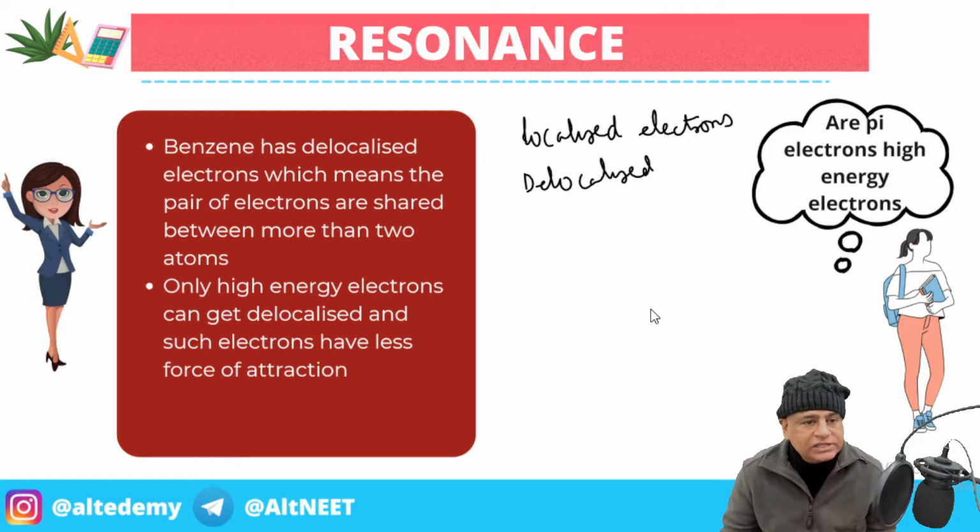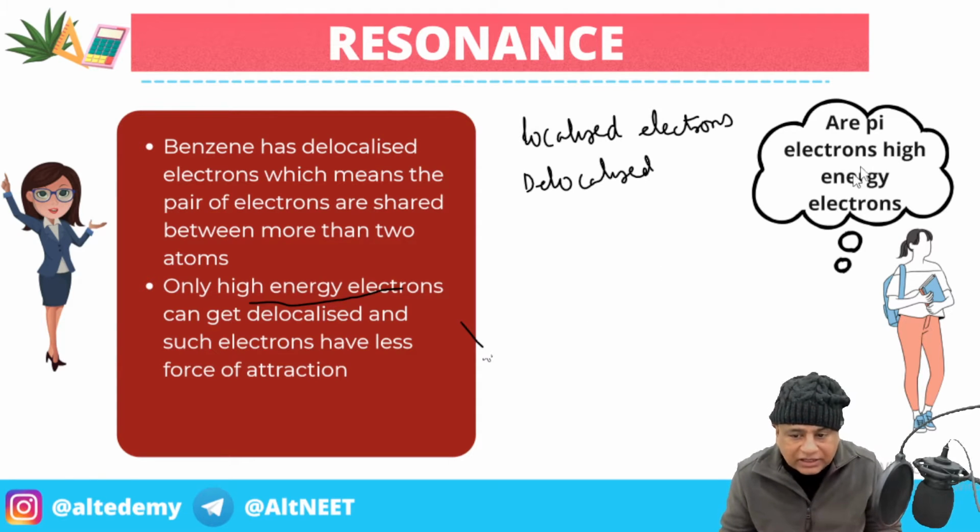That means electrons are not concentrated at one place; the pair of electrons are shared between more than two atoms. And only high energy electrons can get delocalized. Such electrons have less force of attraction. All kinds of electrons cannot be like this. They need to be high energy electrons for getting delocalized.